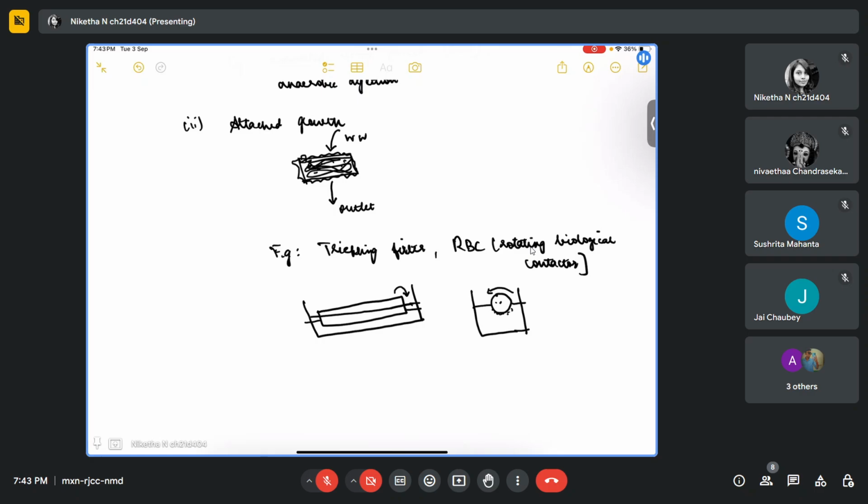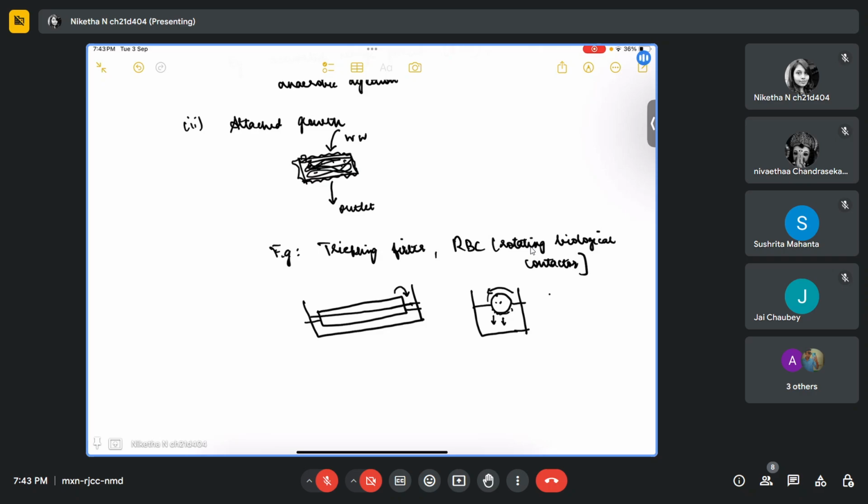So every time it goes down, it will take some of the organics and bacteria that is present, and when it comes up, the bacteria will get oxygen. So the bacteria will degrade the organics. Again, when it goes down, the dead bacterial cells will settle at the bottom, and again it will take some more organics, and the cycle will keep continuing.